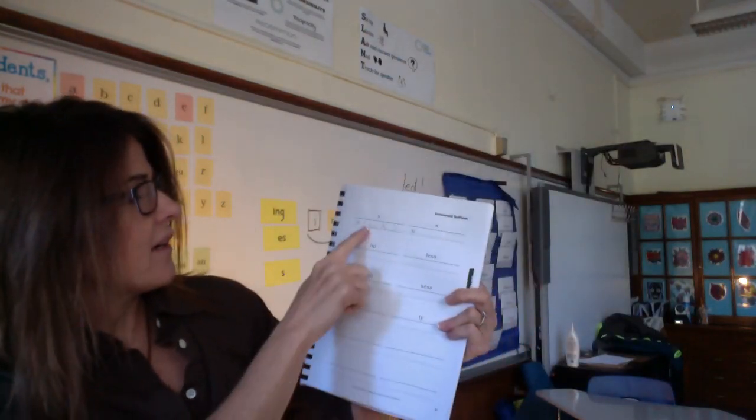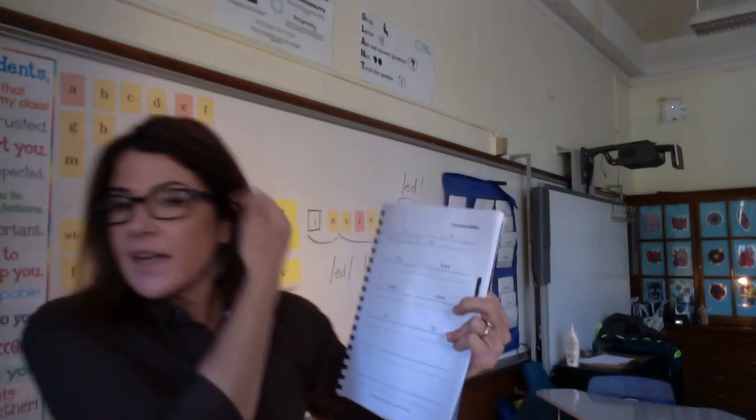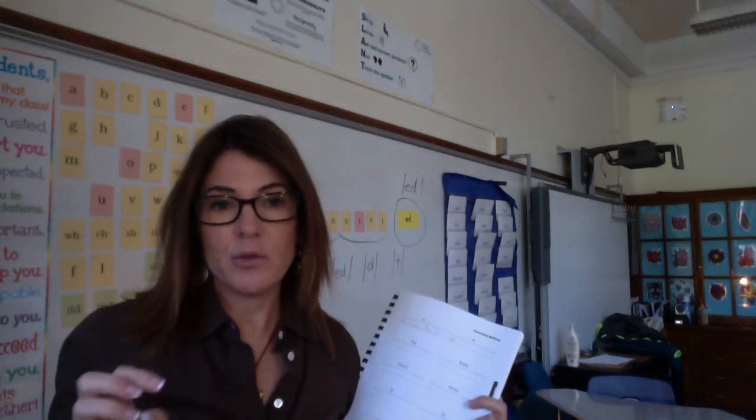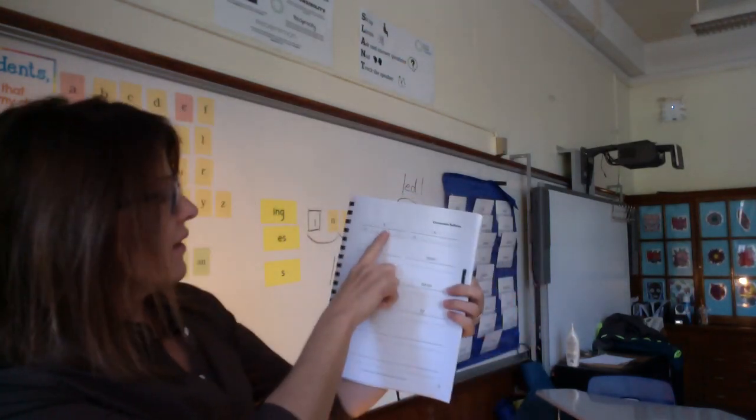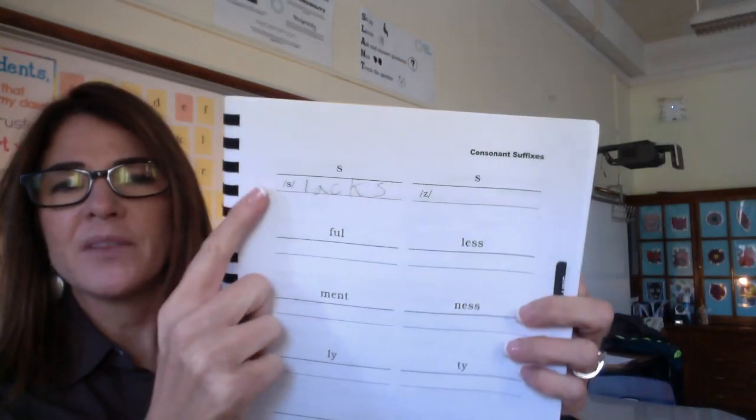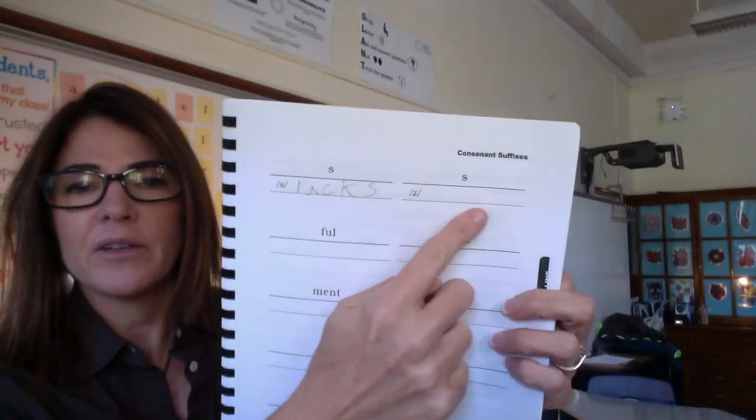And then also over here for the S sound. The S suffix can also have two different sounds. If you look in here, between the two lines, it has the S sound here, and then over here, it's the Z sound.